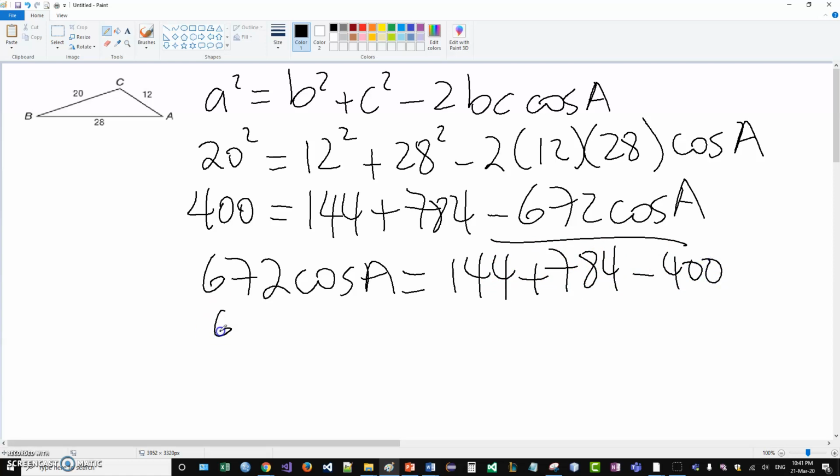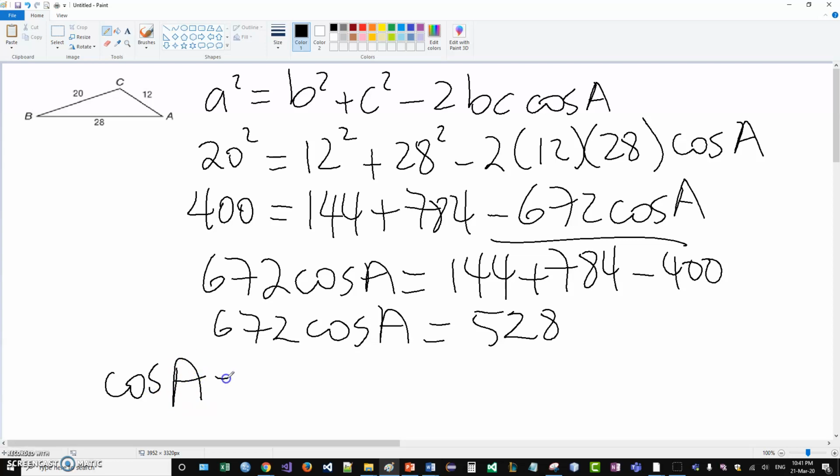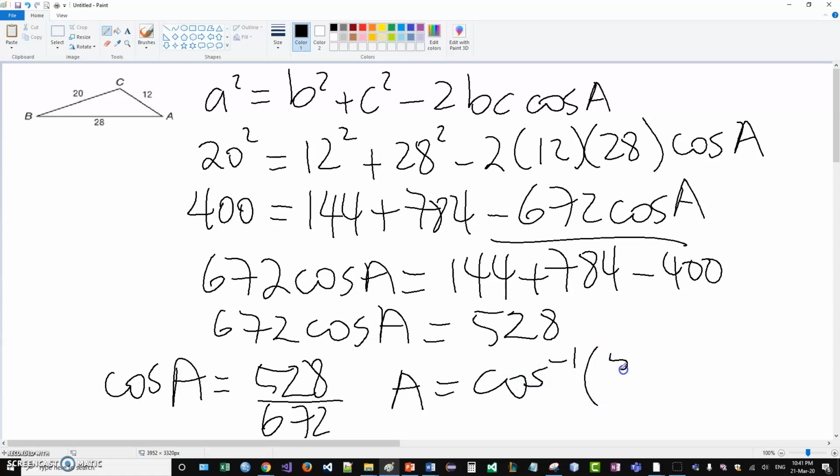So 672 cosine A equals 528, or cosine A equals 528 divided by 672. Now to find angle A, we use the inverse cosine: cosine inverse of 528 over 672.